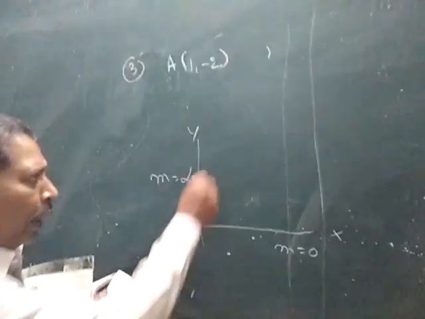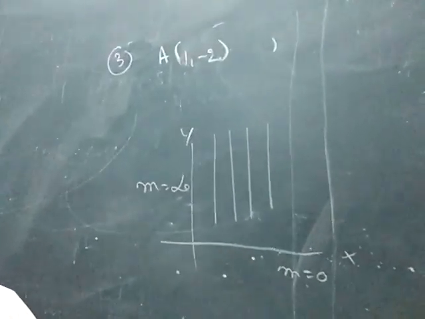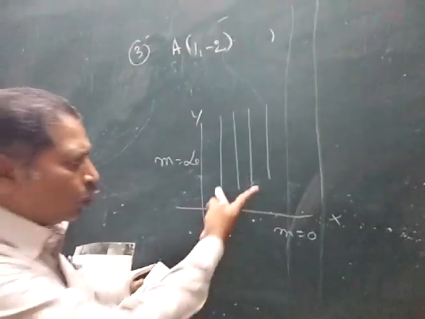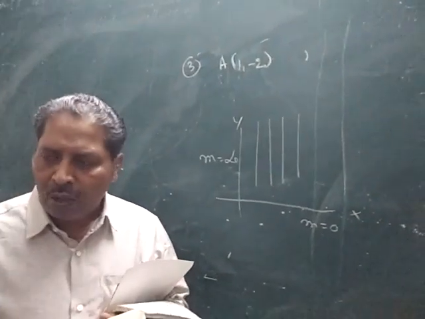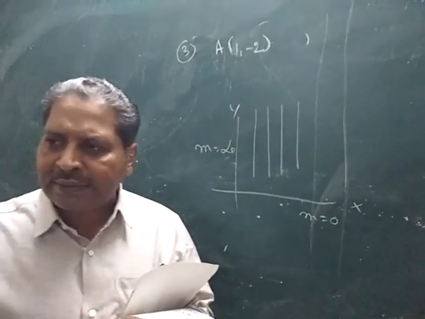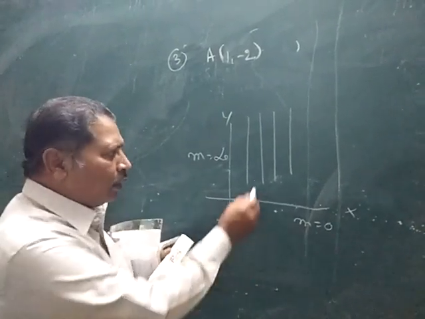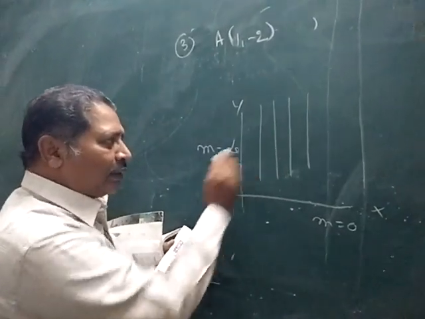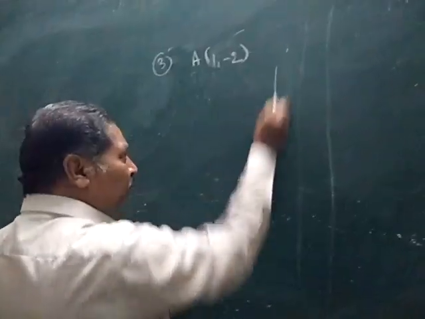So any line parallel to the y-axis has slope equal to infinity. Indirectly, the slope of the axis is infinity means the axis line is parallel to the y-axis. So the diagram is like this one.